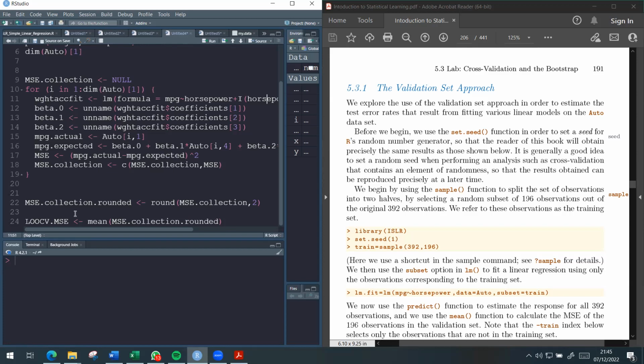The reason why you're leaving it out is so that you can test the predictive power of the model, how well it predicts the response variable. And you would want to test that predictive power on observations that haven't been included in the design of the model. That's known as a holdout sample or an out-of-sample dataset.